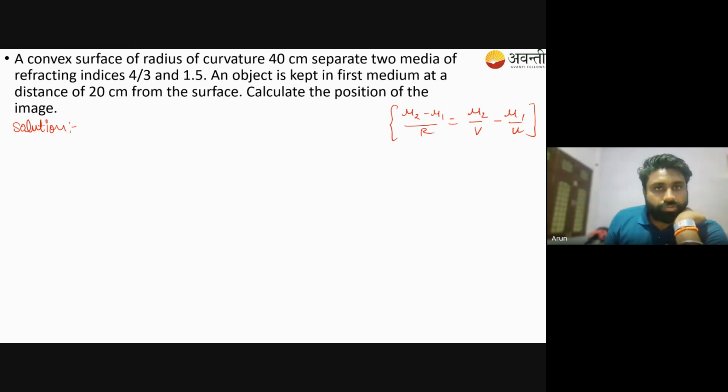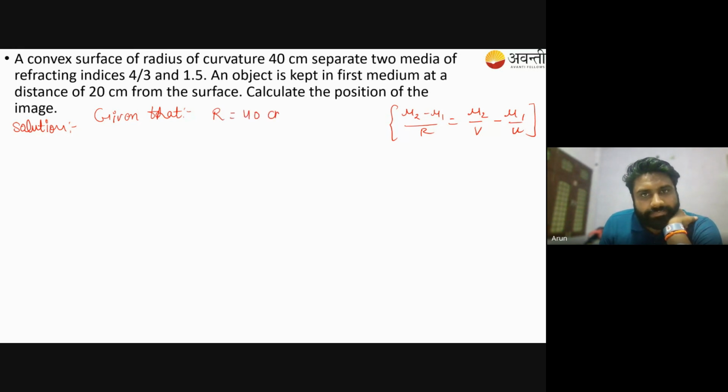So in this question, what is given? R is 40 centimeter. इसमें क्या कहा गया? The two media have refractive indices 4/3 and 1.5. The object is kept in the first medium, which has index 4/3.